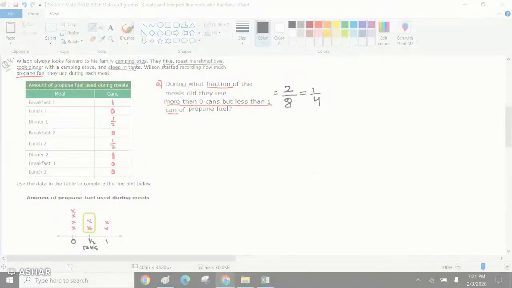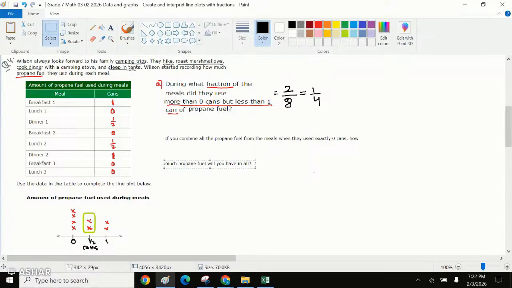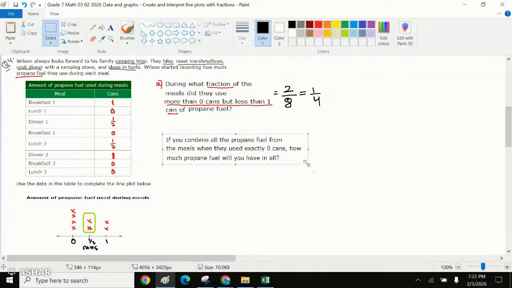The second part of the question says, if you combine all the propane fuel from the meals they used exactly 0 cans.